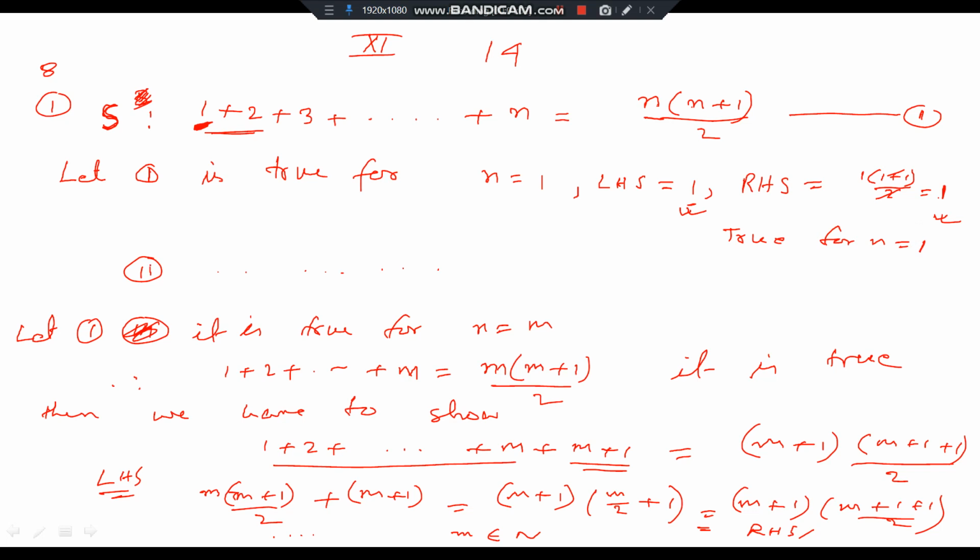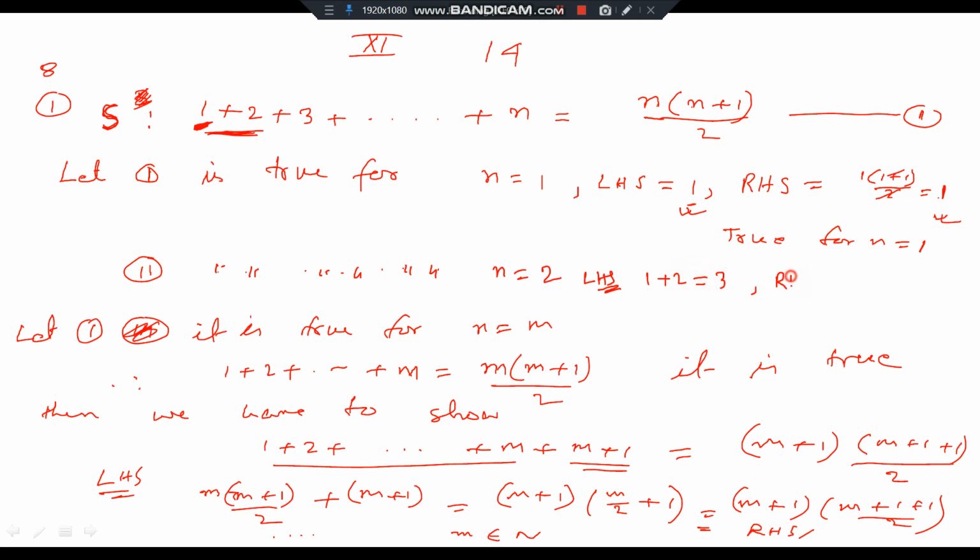Step 2, let equation 1 be true for n equal to 2. If you take n equal to 2, that means 1 plus 2, two terms you have to take. So LHS is 1 plus 2, that is equal to 3.